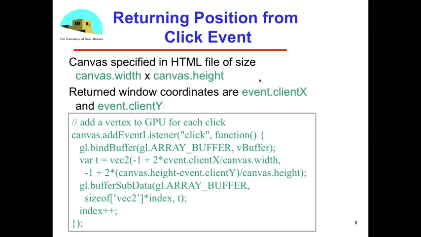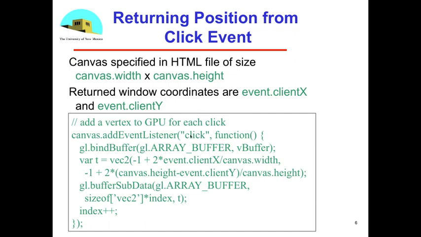The canvas, let's assume, was specified in the HTML file to have size canvas width by canvas height, and what we get back from the mouse click are additional variables, client X and client Y, that come back with this event.